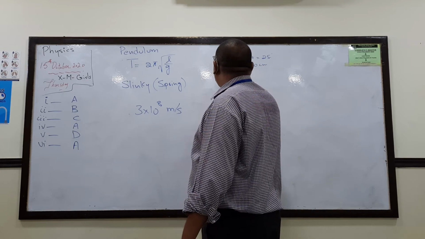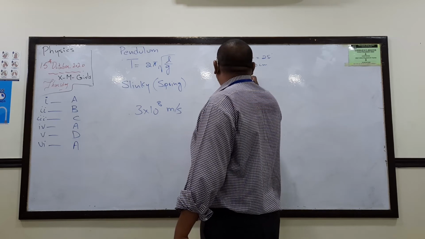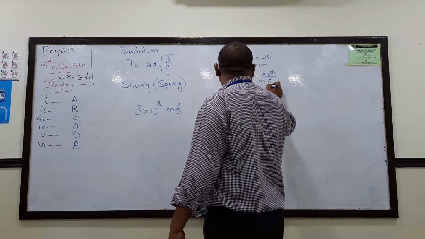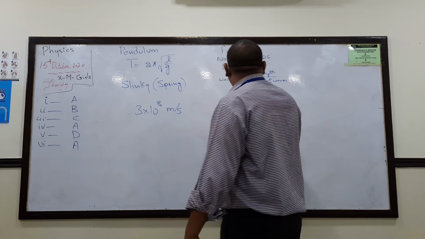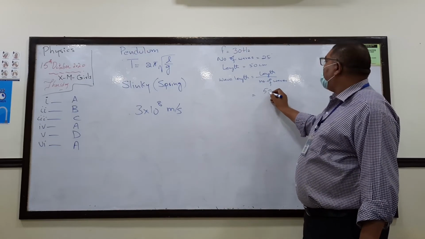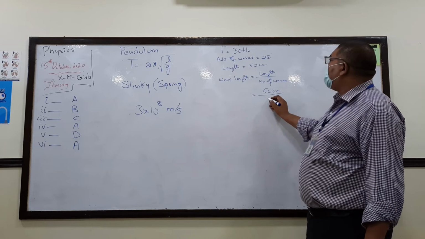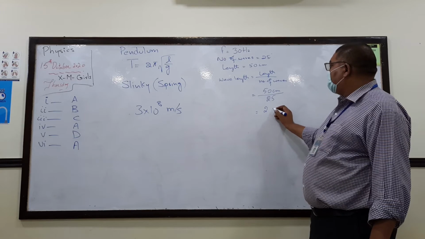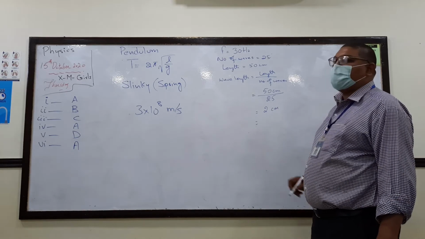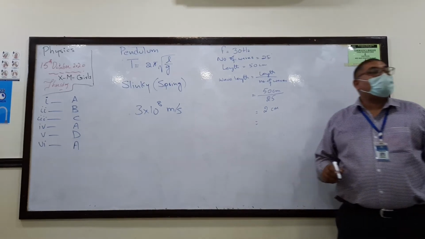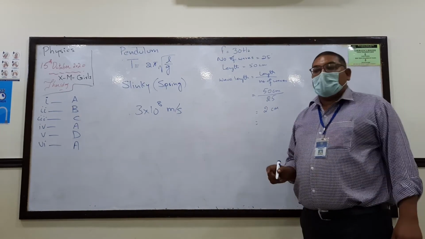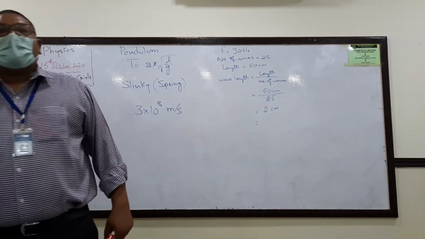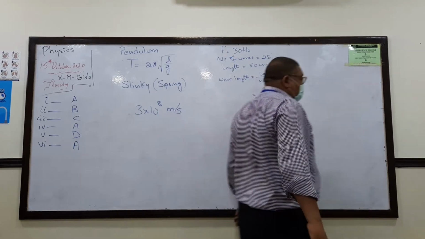So from here I can find the wavelength. The wavelength will be equal to the length divided by the number of waves. 50 centimeters divided by 25 waves. So each wave has a wavelength of 2 centimeters. The options given are all in centimeters per second, so you don't have to convert it.